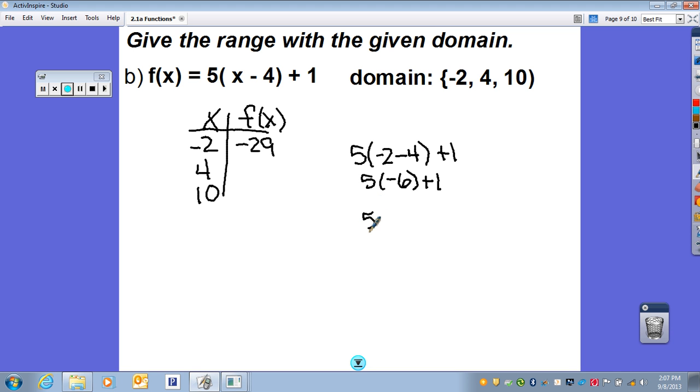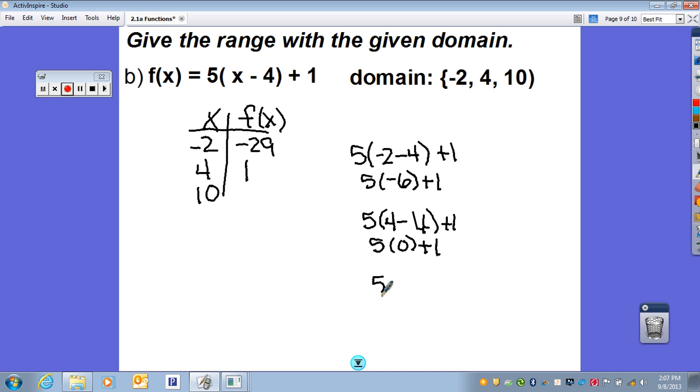When I use the 4 as my domain, my input, I'm going to put 4 for the x value, subtract 4, and then add 1. 4 minus 4 is 0. 5 times 0 is 0. And when I add 1, I get 1.